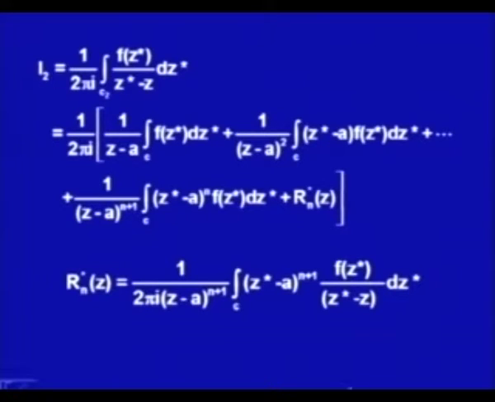So, this way we can have the general term as this, and the remaining terms are absorbed in the remainder Rn*(z). The remainder term Rn*(z) is written as this.